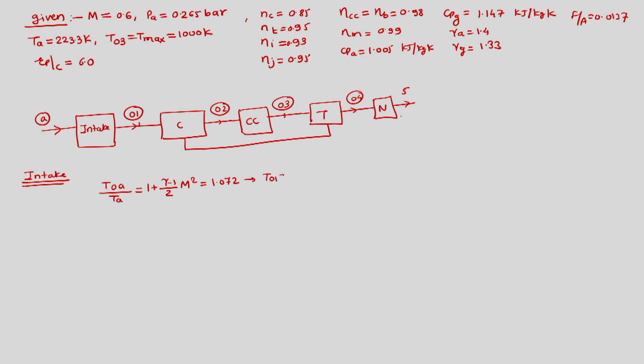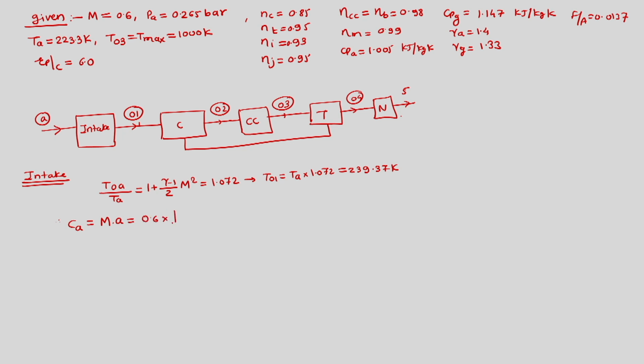So this gives us T01 equal to Ta into 1.072. This gives us T01 as 239.37 Kelvin. We can find out Cj minus Ca, where Ca is the aircraft speed, which is Mach number into acoustic speed.